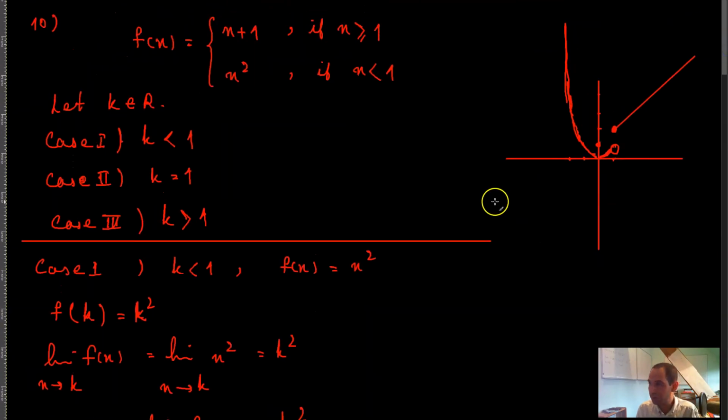But the problem that was actually in the book was f of x is equal to x plus 1 for x greater than or equal to 1, and x squared plus 1 for x less than 1, right?